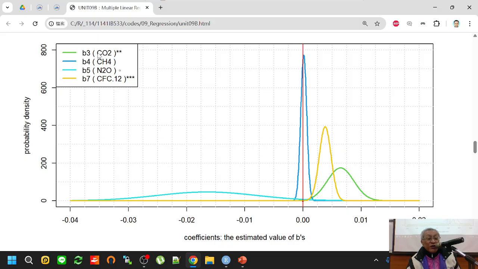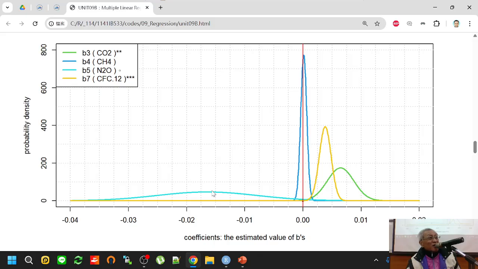So of these 4 coefficients, which one has the largest expected value? This one is the smallest. Which one is largest? Is it this one or this one? It is lower than 0.1, but this one is already larger than 0.1.